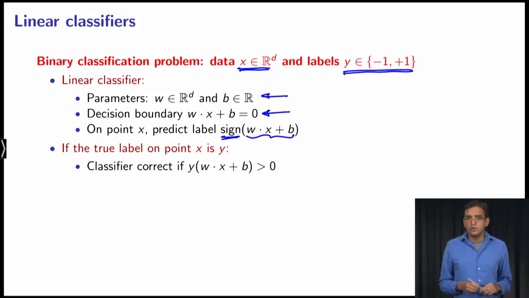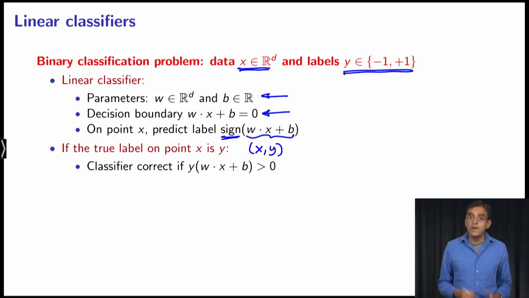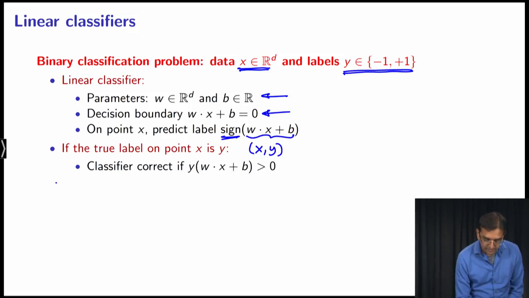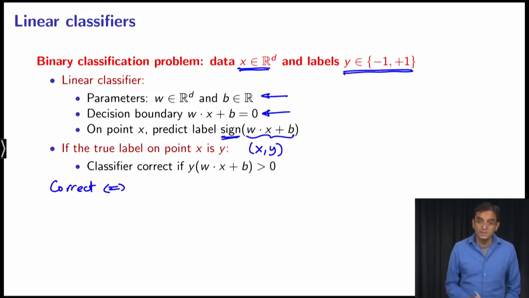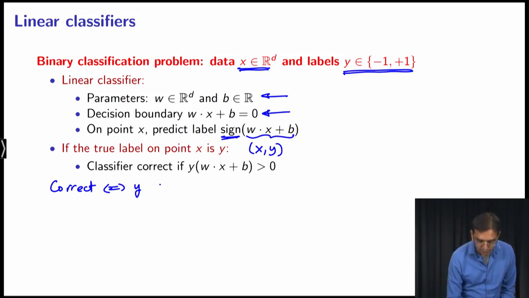Okay, so when are we correct? Let's say we get a new point (x, y). When are we correct on that point? We're correct if the label y, plus 1 or minus 1, has the same sign as w dot x plus b.